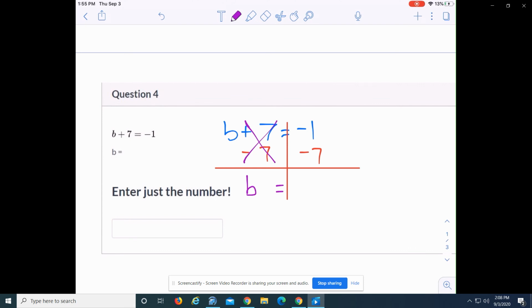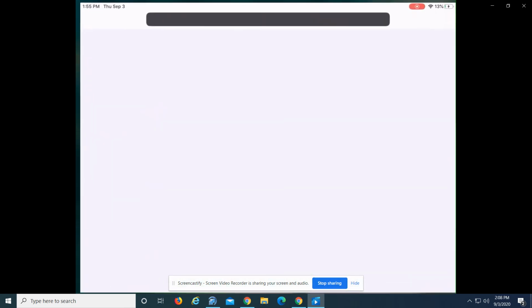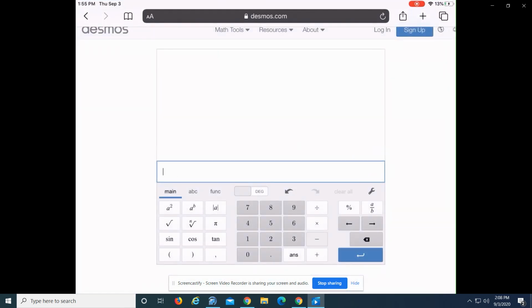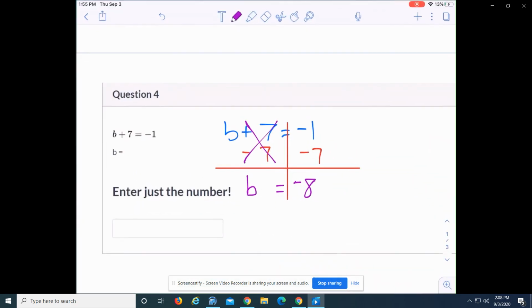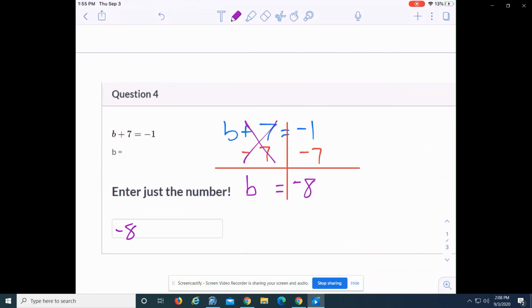Negative 1 minus 7 is negative 8. But again, you can use a calculator if you're not confident in your ability. So negative 1 minus 7 equals negative 8. So I'll put negative 8 as my answer.